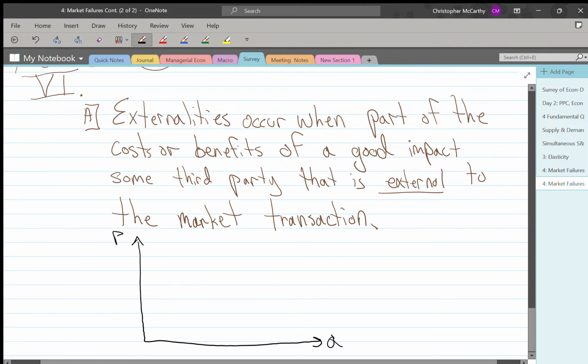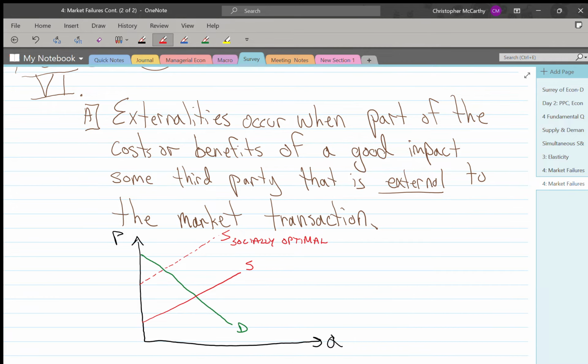We have a demand curve, we've got a supply curve, and then we've got a socially optimal supply curve, when all of those extra costs, the cost of pollution and so on, are taken into account.